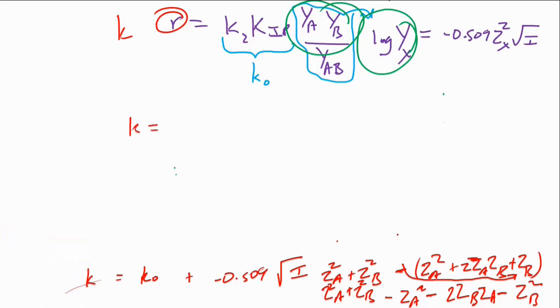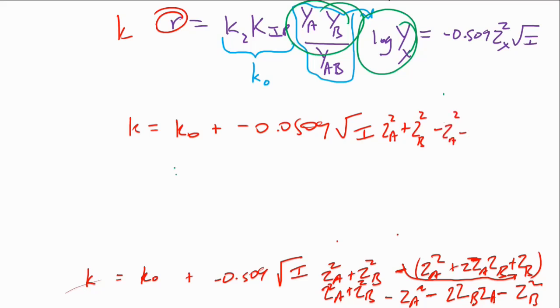K is equal to K naught plus minus 0.0509 root I, and what we have behind there is ZA squared plus ZB squared. And then we have also minus ZA squared minus 2 times ZA ZB. It doesn't matter, you could put ZB first or ZA, it's commutative. Minus now ZB squared. As you can see.